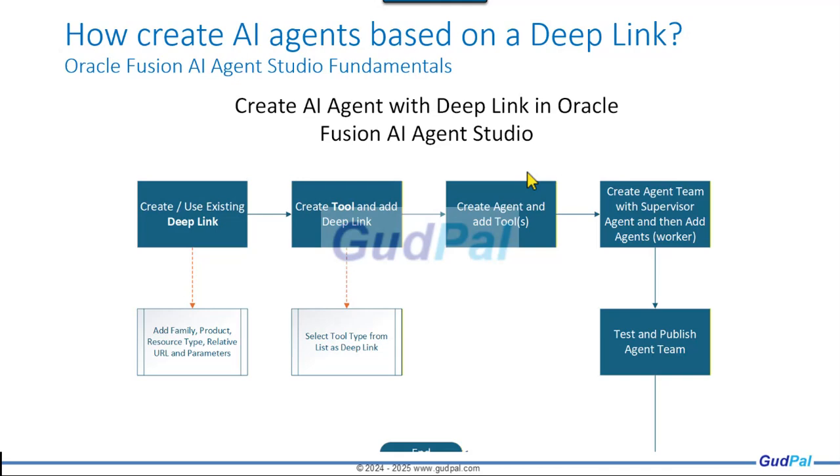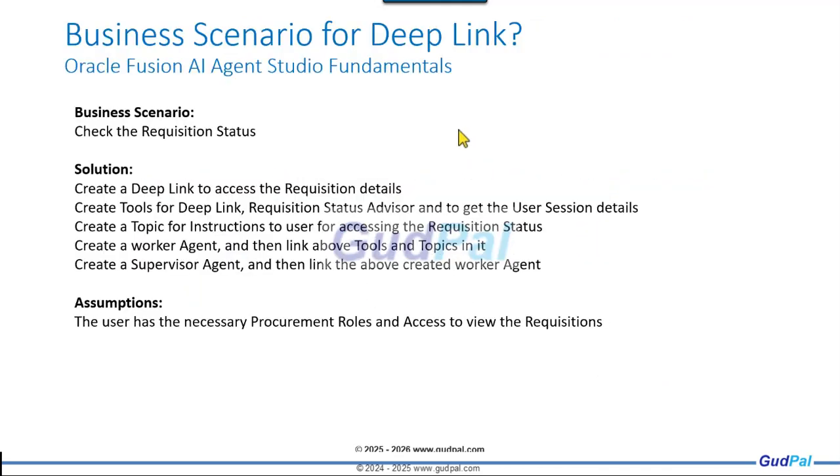Okay. Now going down to business scenario, a quick recap. So create the deep link tool to access the acquisition details. We then created a tool for the deep link, and then we will use a previously created tool for acquisition status advisor and to get the user session details. Okay, and then I will also leverage a previously created topic to access the instruction for this acquisition status advisor.